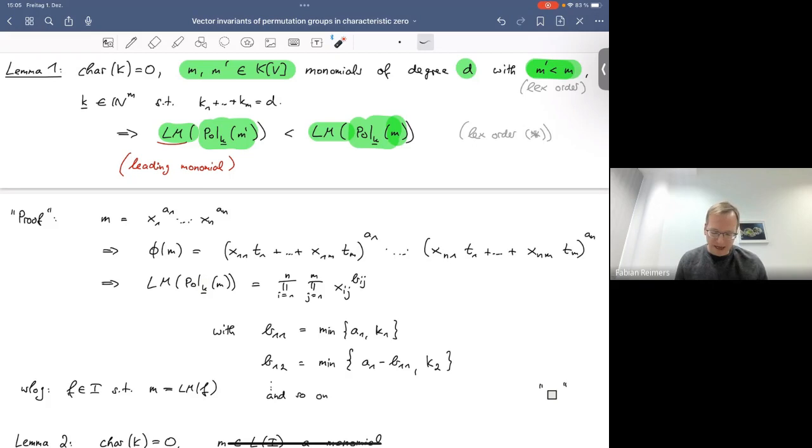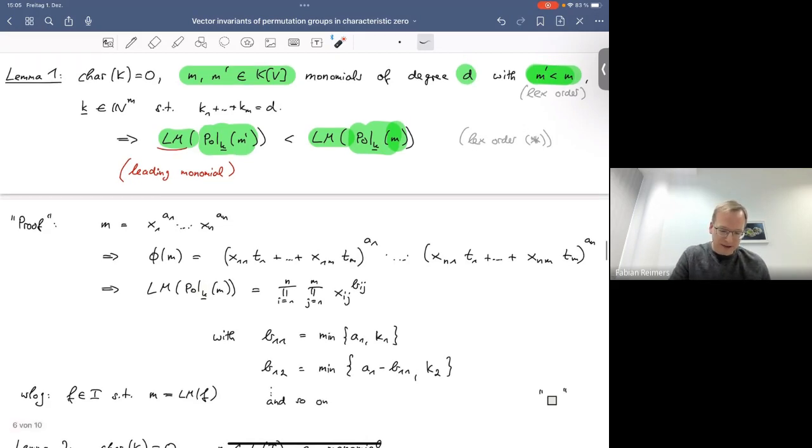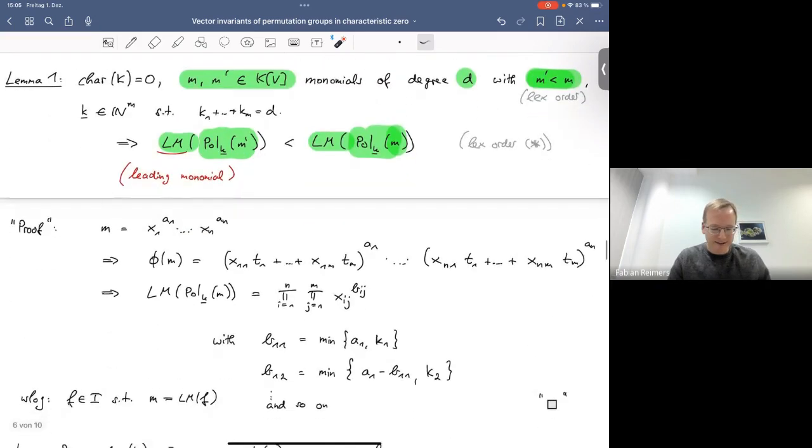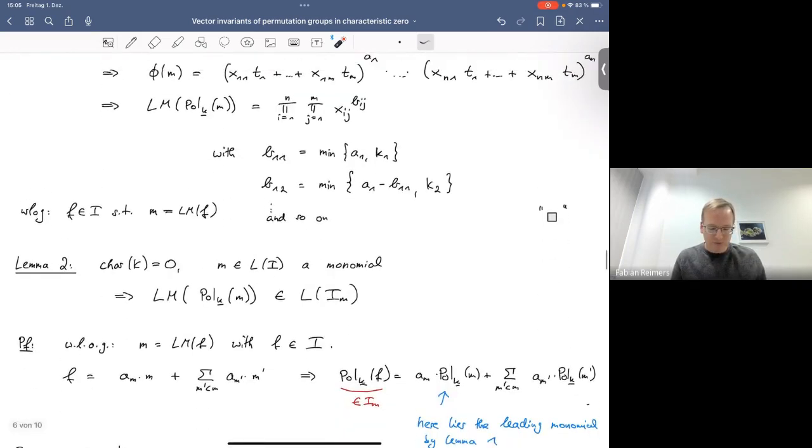So if you carefully go through this, then you get this result, which is probably not surprising, but needs to be checked with the computation, that if we use this monomial ordering, then we get the same ordering here for the leading monomials of something polarized. Okay, so what do we get from this?